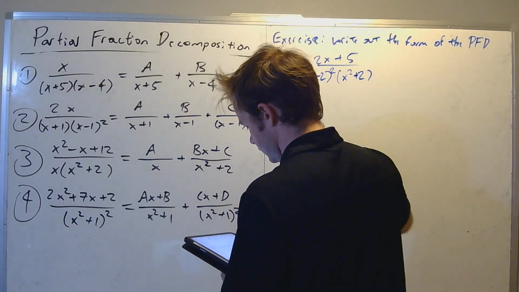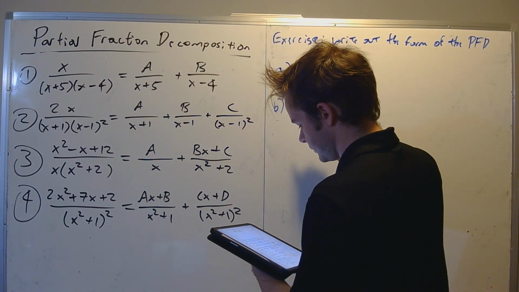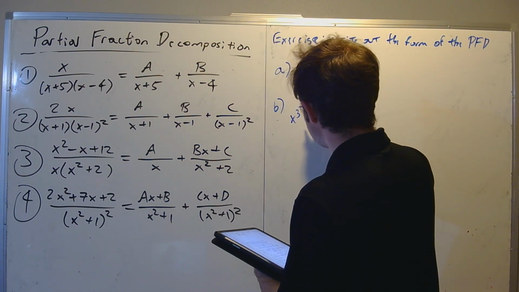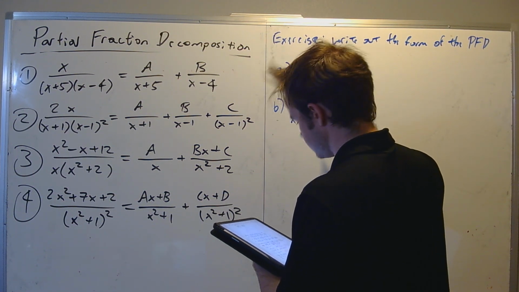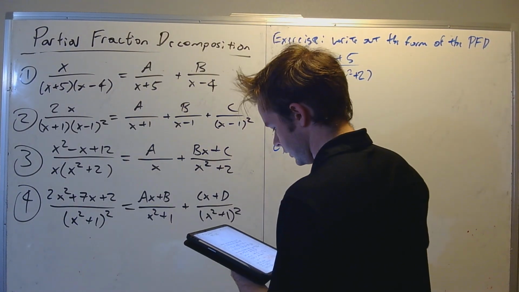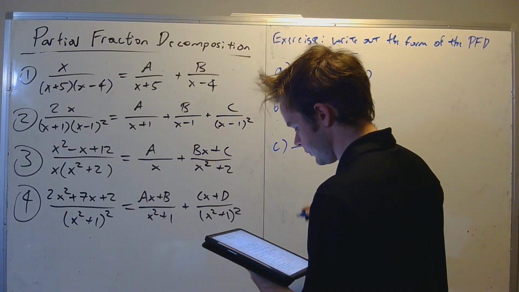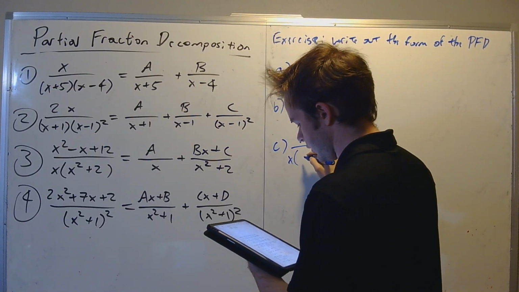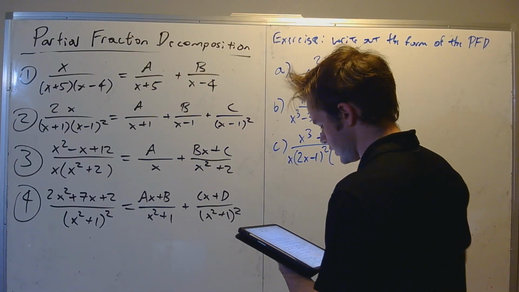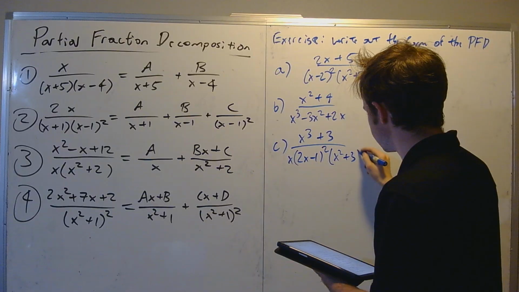Part B is going to be x squared plus 4 over x cubed minus 3x squared plus 2x. And part C is going to be x cubed plus 3 over x times 2x minus 1 squared times x squared plus 3 squared.